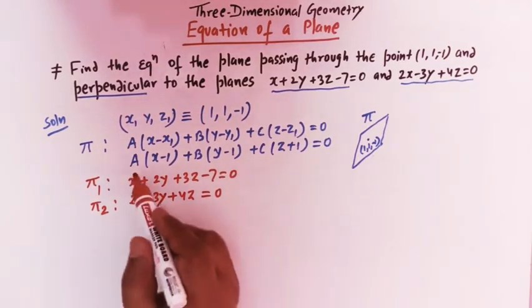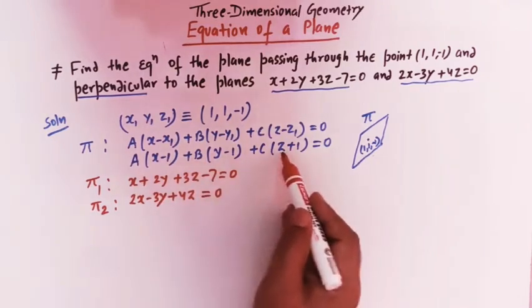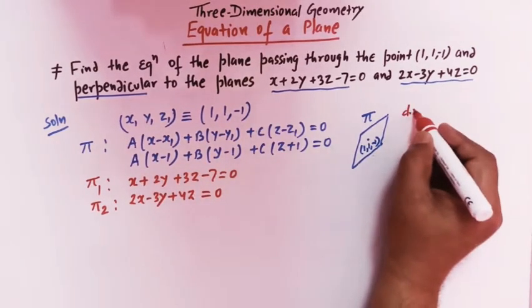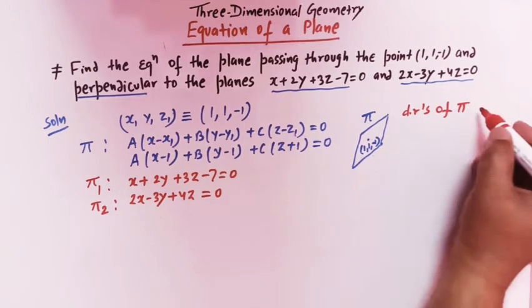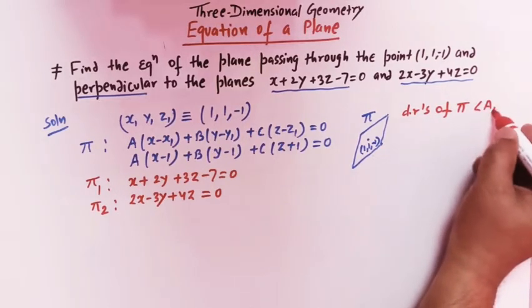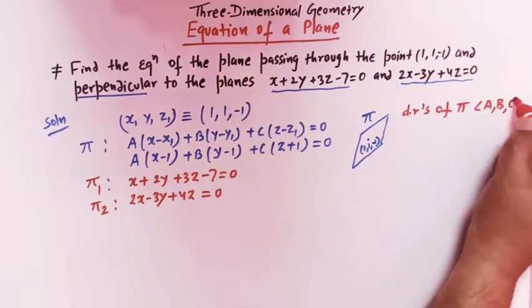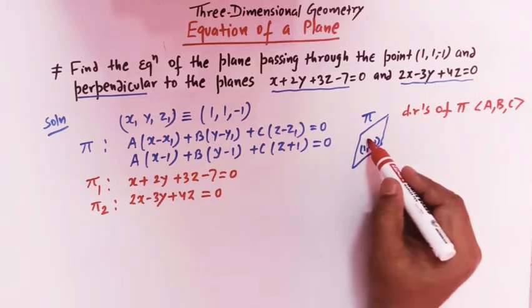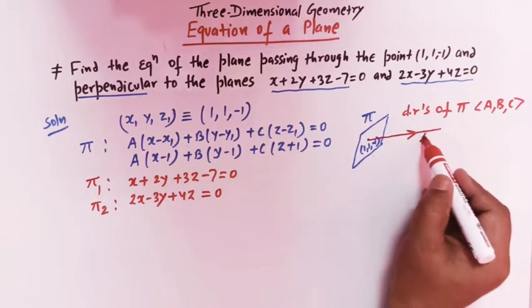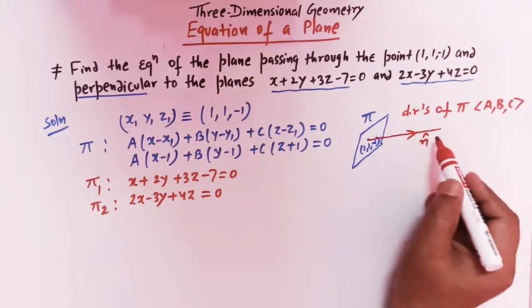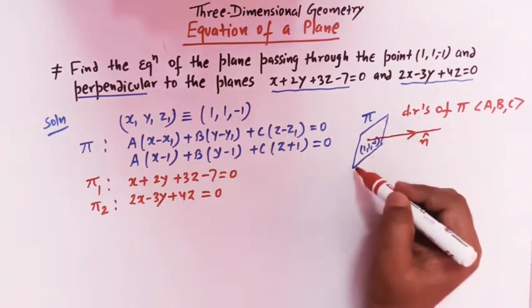Now here A, B and C are the DRs of the plane pi, and suppose this is the normal vector to the plane pi.